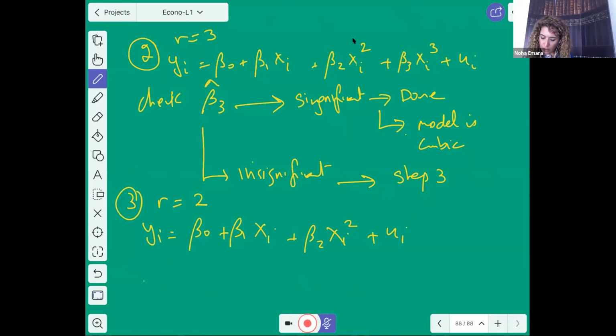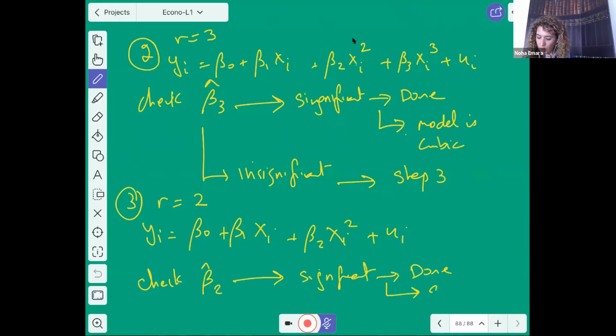So check the beta hat 2 significance level. If significant, then you're done, and your model is quadratic. And if not, you're actually done too. Your model is linear.